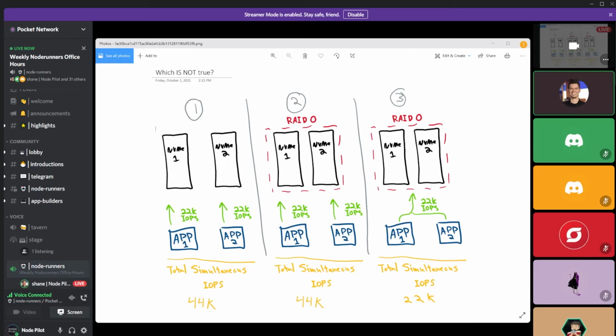And of course, the disk has no idea who is asking for the information to be stored. It only sees it as the operating system. So yes, for two applications with non-deterministic access patterns of data, you lose a lot of IOPS. You get closer to the 22 on average.